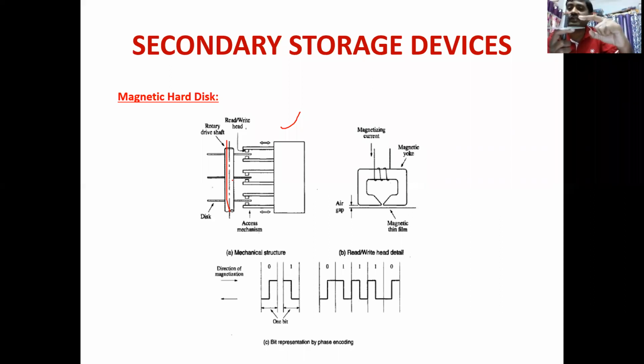For example, if I take my finger, it will be a read write head. At the bottom also there is a read write head, so on both sides the data can be read and written. So side 0, side 1, next plate side 0, side 1, like that. So one head, and the other head on the other side of the plate, and this plate is magnetically coated.